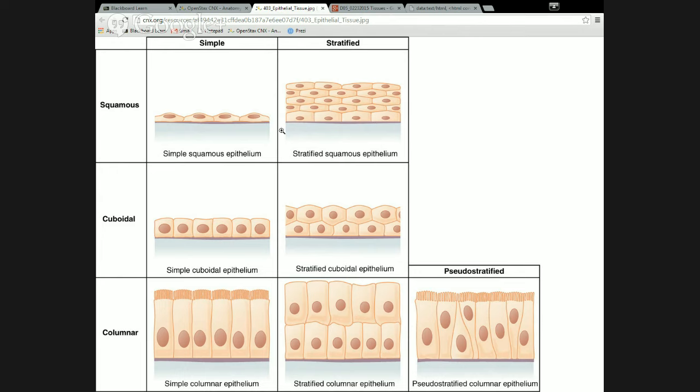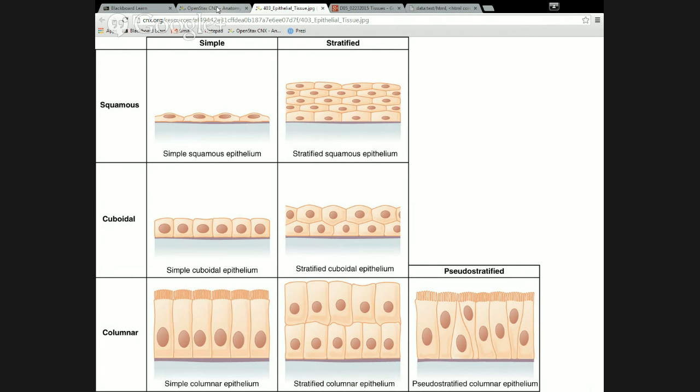And in actuality, stratified squamous epithelia tend to have cuboidal cells down there, or maybe even columnar. When we're talking about stratified epithelia, we name them basically by whatever the top layer of cells is. Okay. The thing is that top and bottom is not a really good way to refer to these cells.